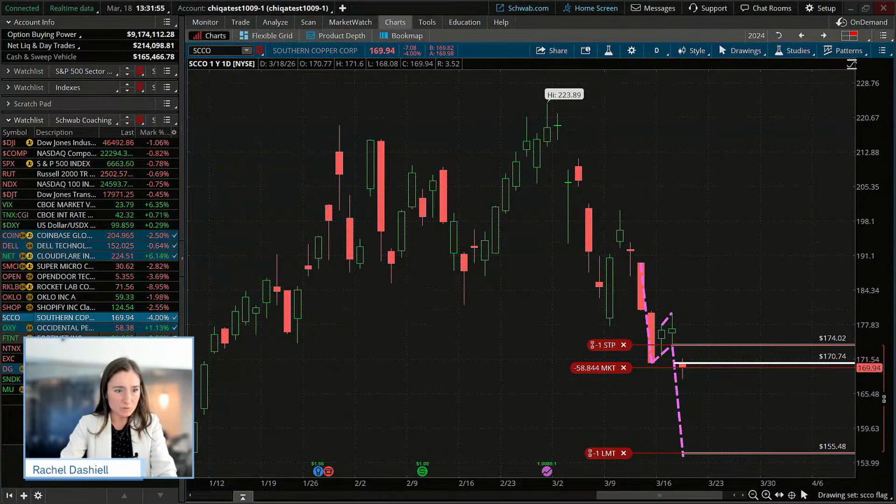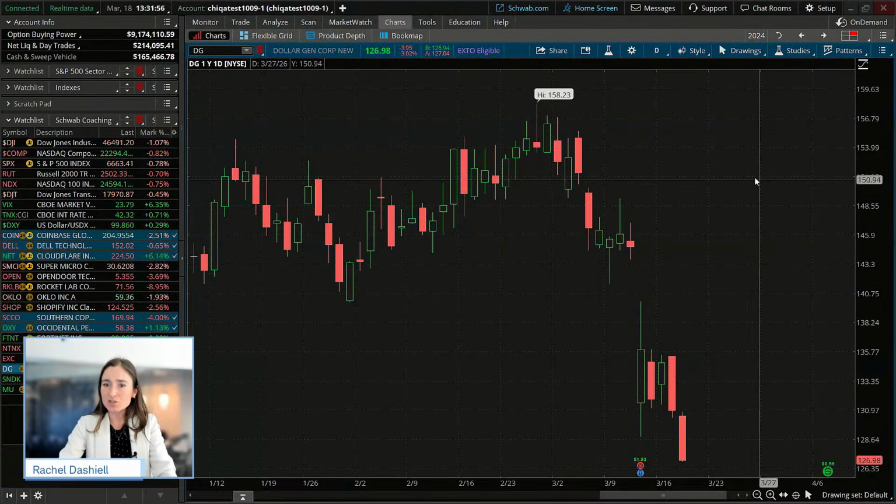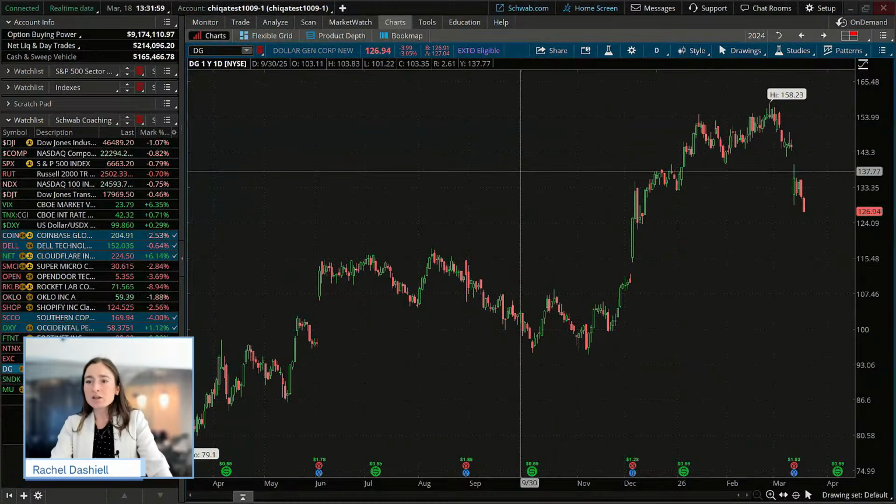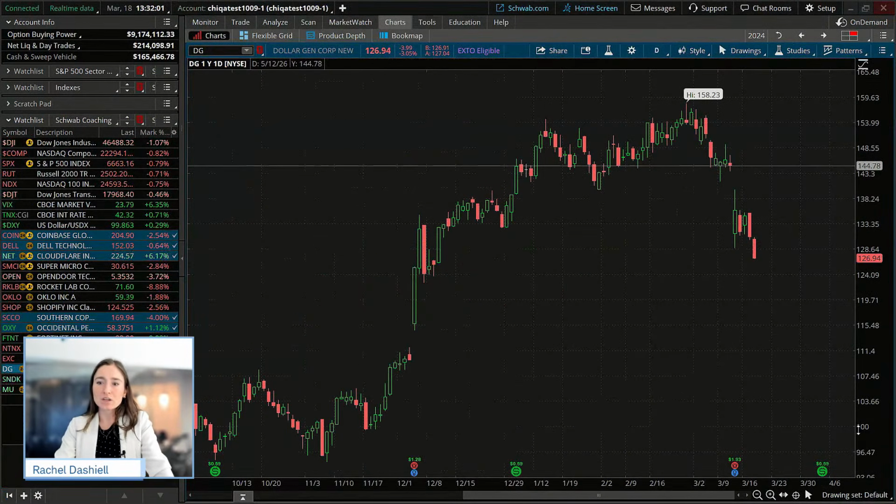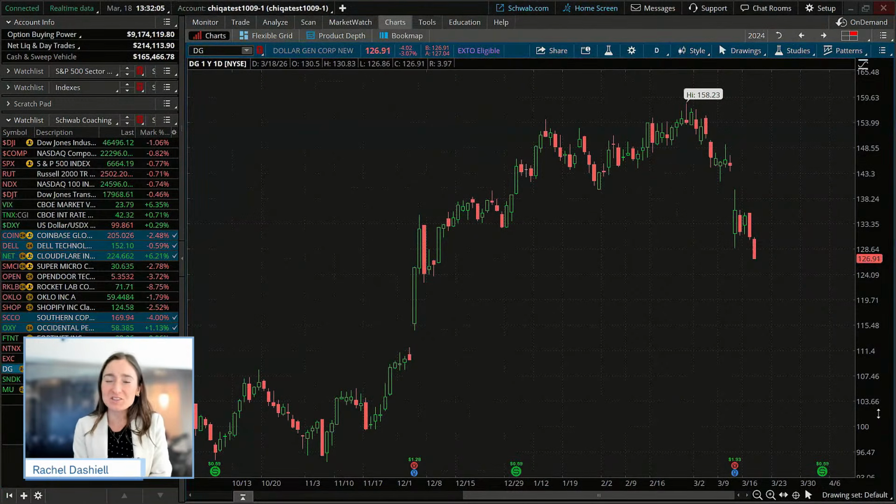Now we have another one. Let's go to Dollar General actually. So what are you guys seeing here on this chart for Dollar General? Because I see something a little bit familiar to what we just saw here. We've obviously had a little bit of a topping formation similar to what we saw in Southern Copper as well. And we've seen over the last few weeks this short-term downtrend that is really shaping up.